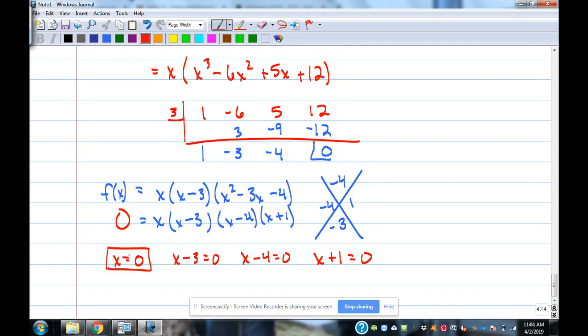So this one, done. This one we already knew. This one, not much more work to that. 1, 2, 3, 4 of them. The original problem had x to the 4th power. If you were to graph the original problem, you would see it crossing the x-axis at all 4 of those places, because that's what we're finding here, the x-intercepts.